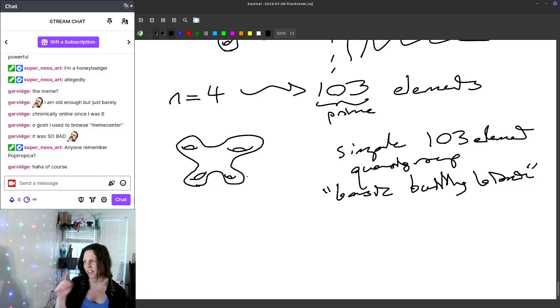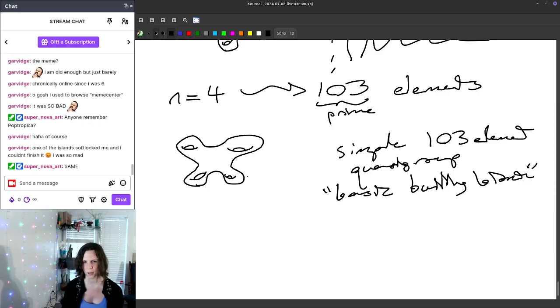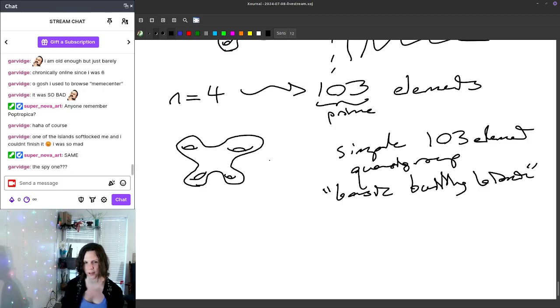But yeah. So here's what I want to do now. This is now my goal. I don't know if I'll accomplish it during the stream, but this is now my goal. I want to construct a 103 element quasigroup that can be used to make the 4-hole donut, and I'm going to try to figure out how many vertices there are in the triangulation of the 4-hole donut that comes from this thing.